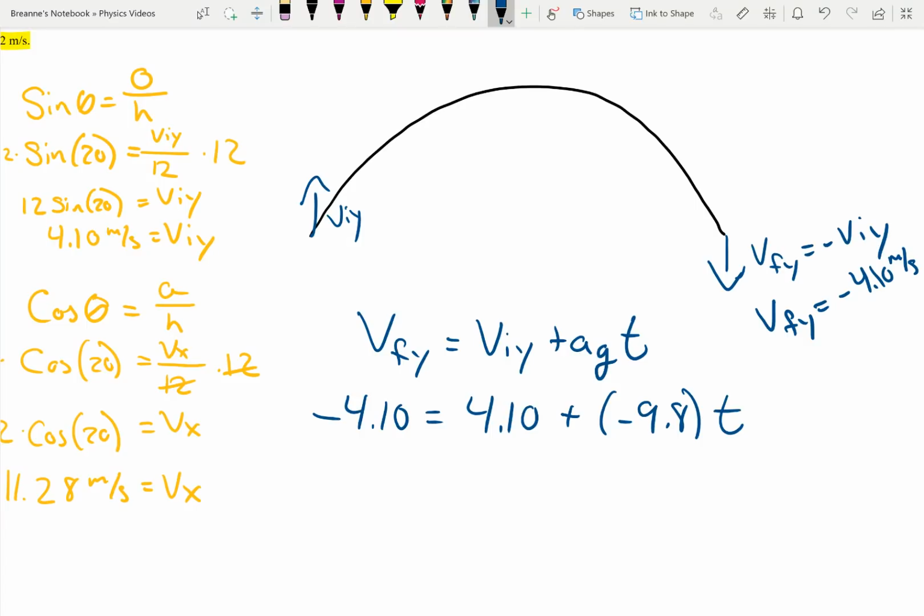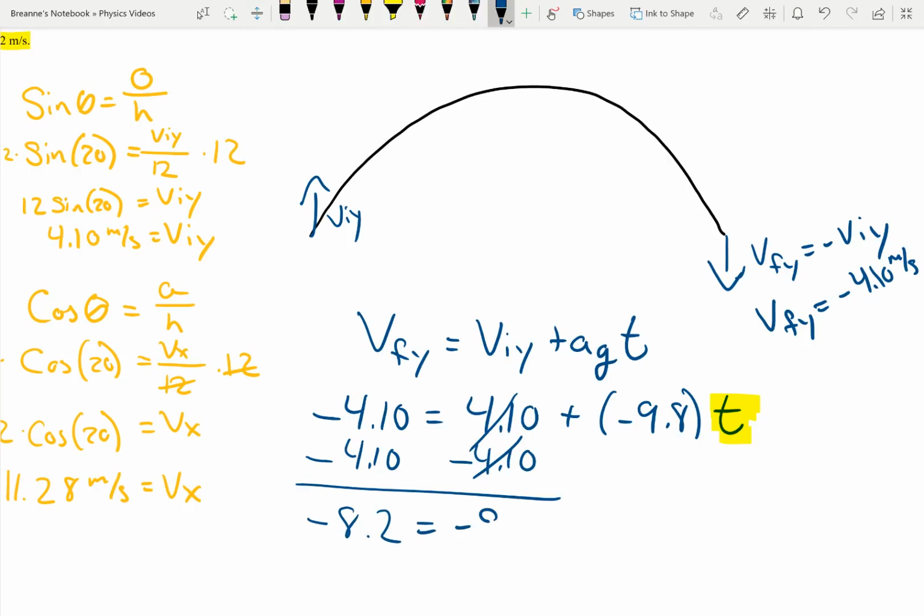Now, we need T by itself, but we can't add or subtract right here because it's attached. So we need to subtract, because it's being added, subtract this from both sides. So then you plug into your handy dandy calculator negative 4.1 minus 4.1, and you get a negative 8.2 equals a negative 9.8 t.